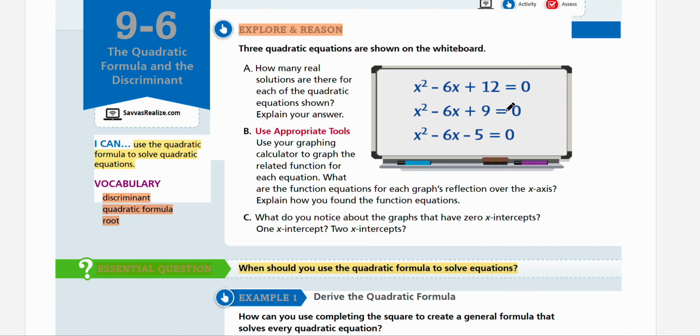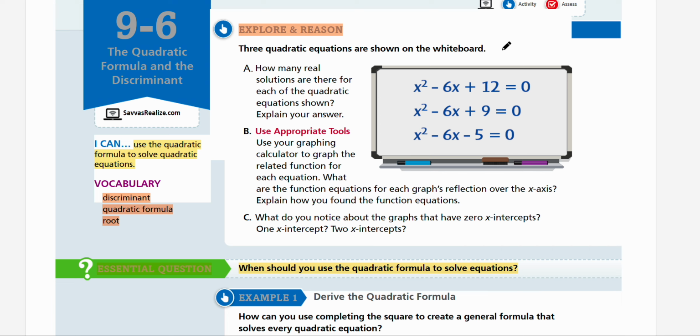So if you look at the first one, well, we can subtract 12 on both sides, complete the square by adding 6 over 2 squared, so that would be 9, right? Yeah, so plus 9 on both sides, and then you can figure it out.